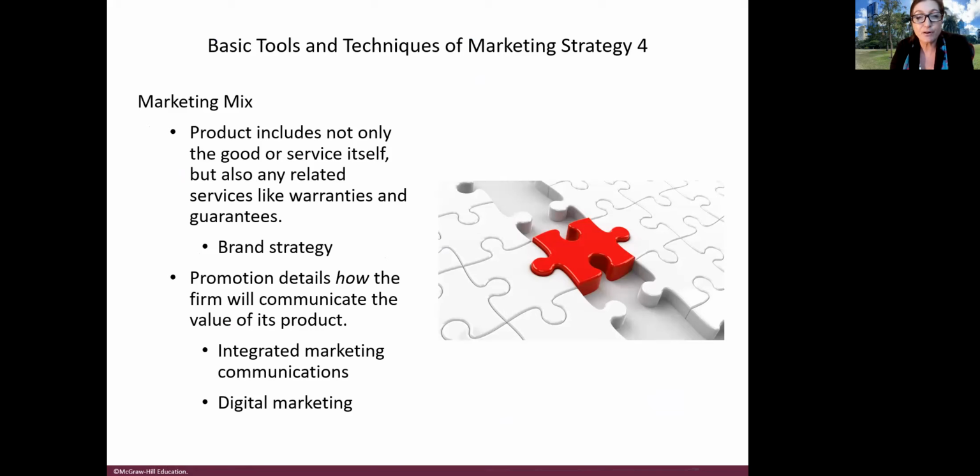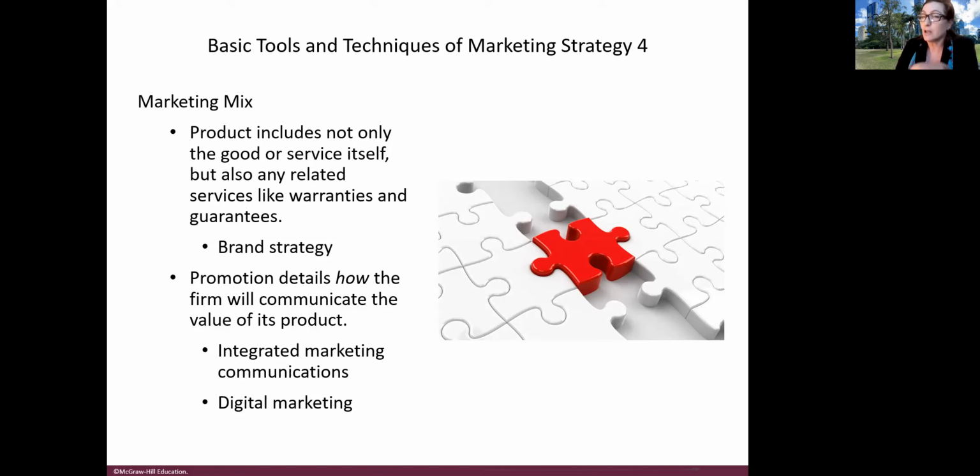So starting with product. Product is about the good or the service, as well as any sort of service augmentation strategy you've got related to that product. As well as product, we need to talk about brand strategy. And brand strategy is one avenue we can use with regards to differentiating in the marketplace.